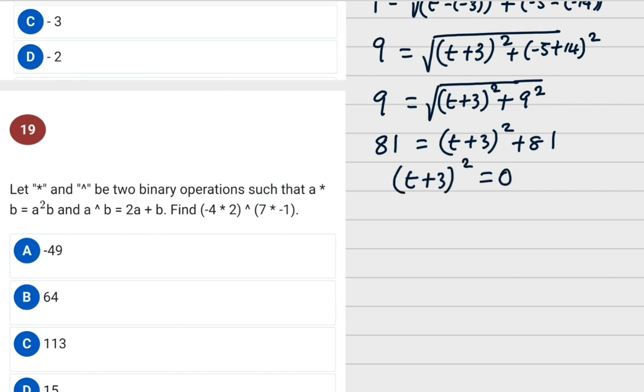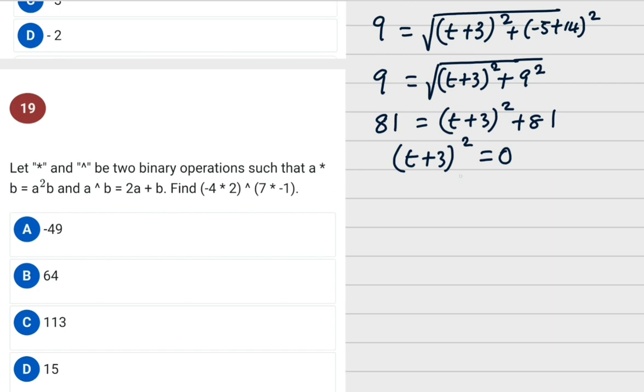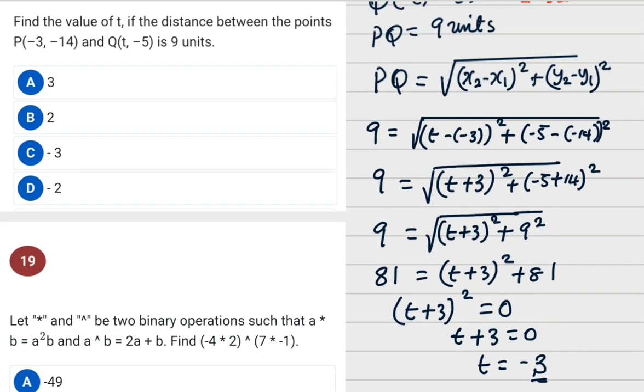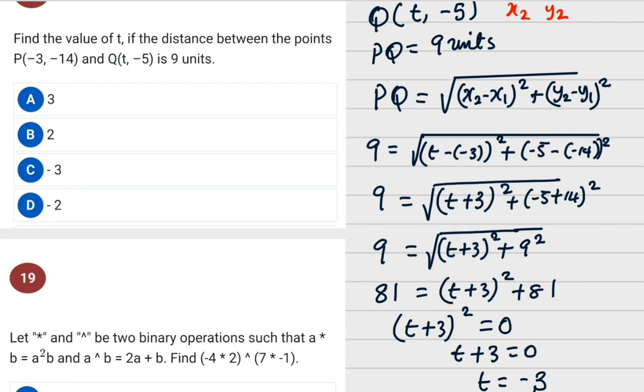That is 81 moving to the other side. Once we square both sides, we see that t + 3 equals 0. So t is equal to -3. And let's check. Okay, we have our answer as C. So C is our answer.